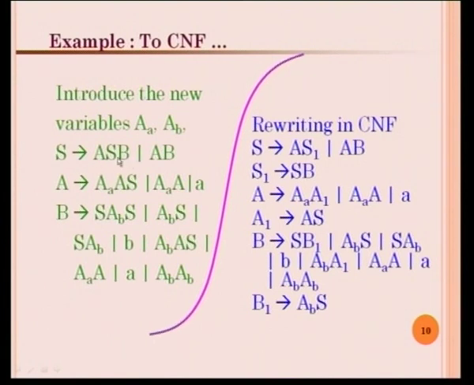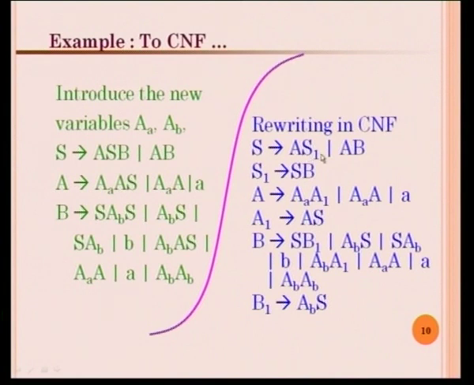A is deriving SB, where for SB we are giving a new variable called S1. This S1 is going to be the left hand side for any derivation whose right hand side has only SB. So the replacement is you just give S1 here, and then the expansion for S1 is S followed by B. So the first rule in S is now available in Chomsky normal form.